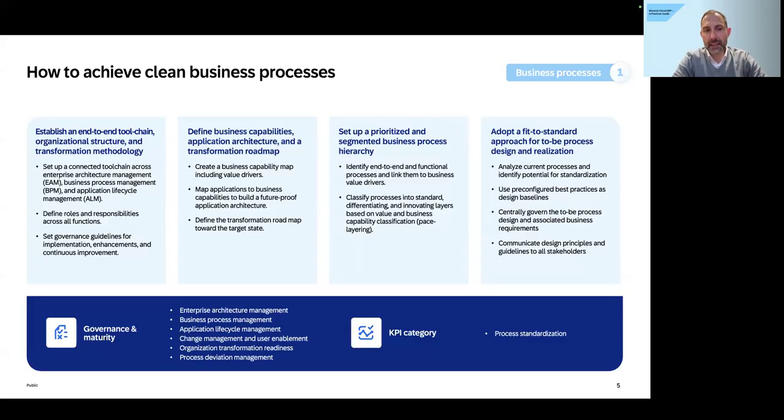The rationale is that if you as an organization do not have insight into your overall enterprise architecture, into the solutions that you have purchased and that are running in your organization, then you can easily reinvent the wheel and enhance a process where another solution already established in your organization would be much more suitable. So you want to make enhancements only when they really add value, but not where there are already other solutions in place.